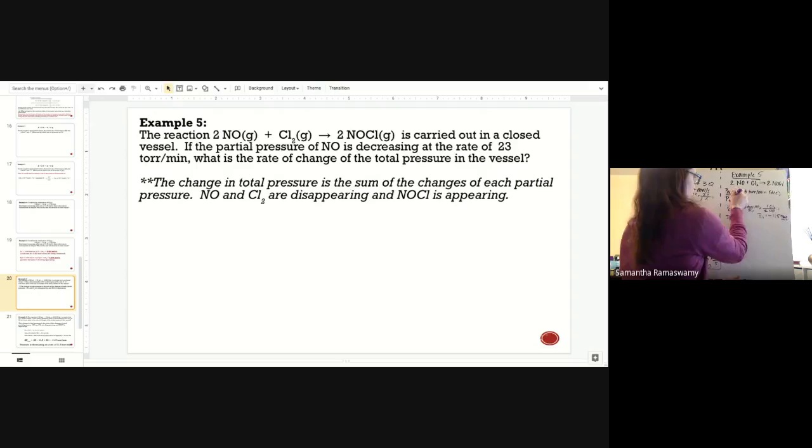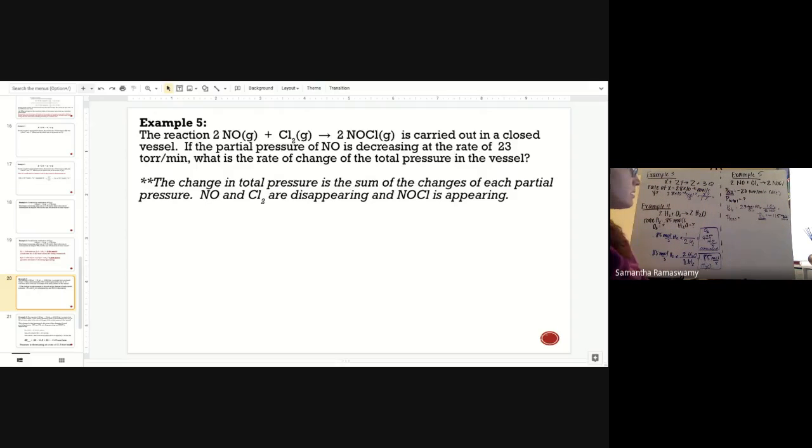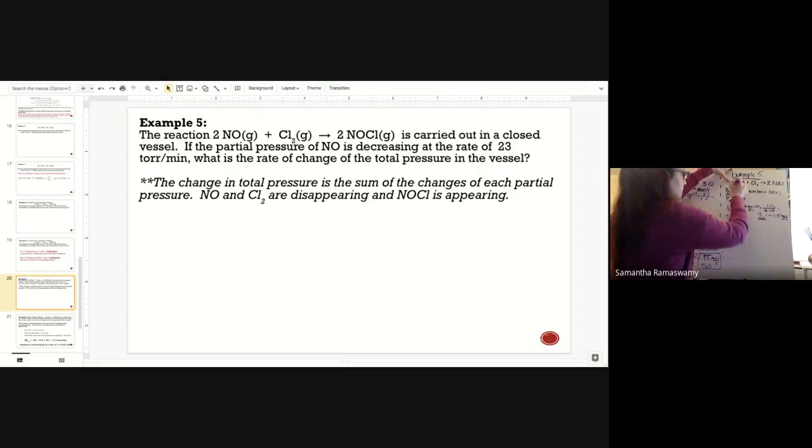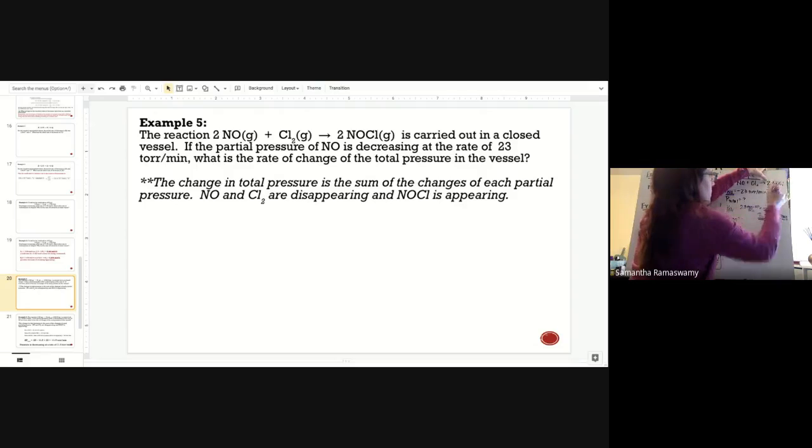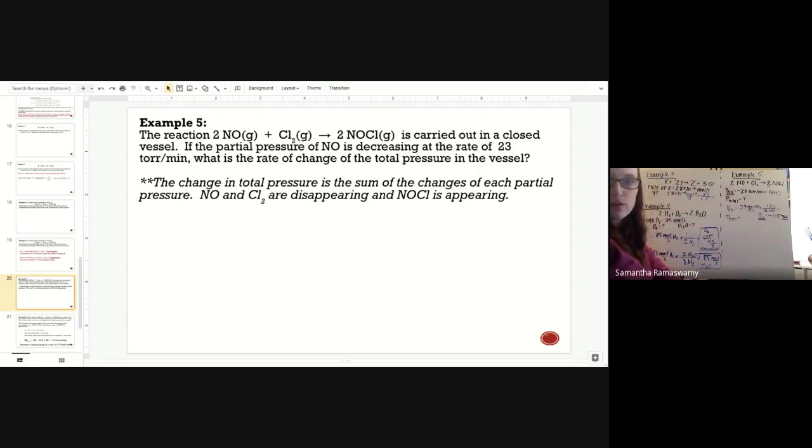Okay, so here's the pressure of NO. Here's the pressure of Cl2. Pressure of NaCl. Now you can set it up like we have been. Or take a look at this. For every 2 NOs, you have 2 NaCls. It's essentially a 1-to-1 ratio.